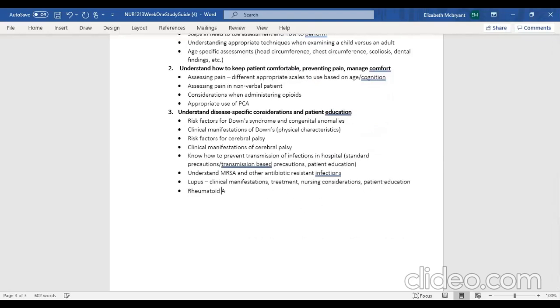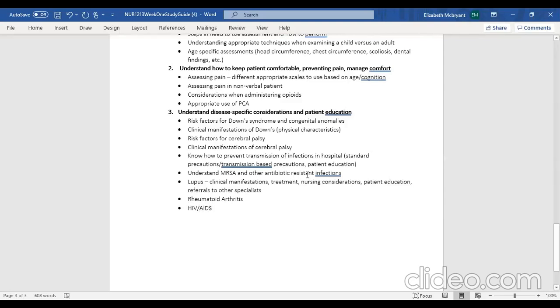Who might you refer these people to? Who's an appropriate referral? I'll put that, and that's going to be for every disease. So for rheumatoid, for HIV, and knowing about HIV and AIDS, what's the difference?